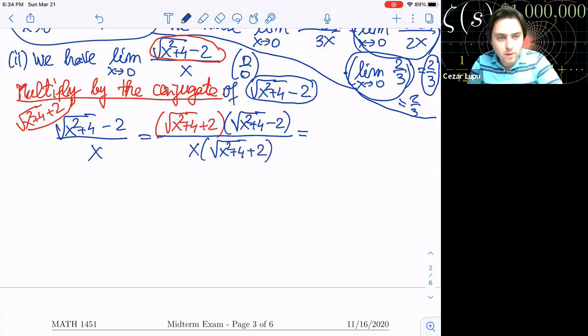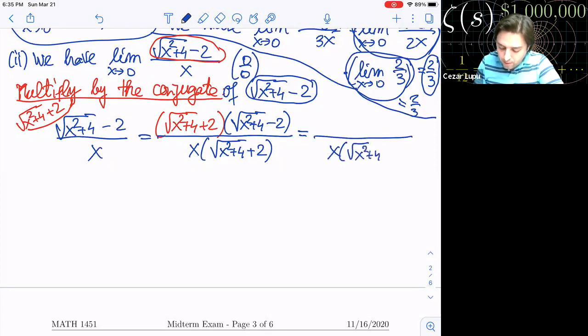Okay, so what do we obtain at the top? Can you tell me? We have that difference of squares, so what do we get? At the bottom it is quite clear what we have: x times the square root of x squared plus 4 plus 2. And on the top, let's see, do we get 1?